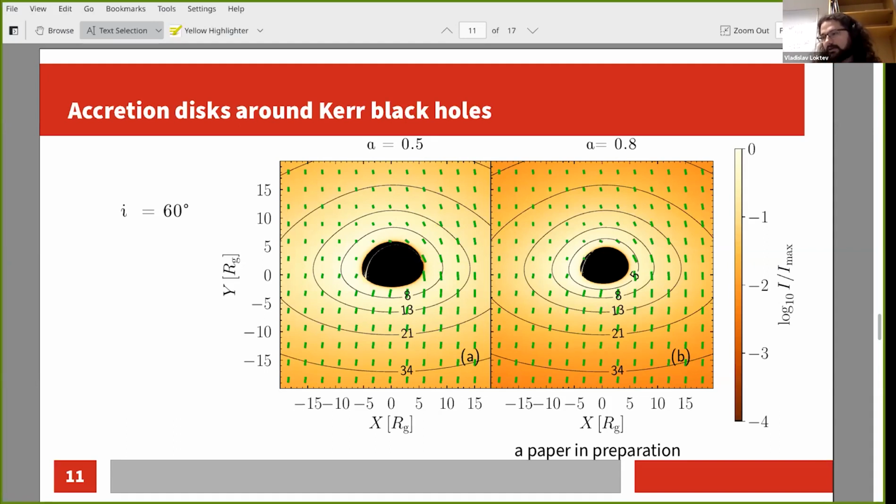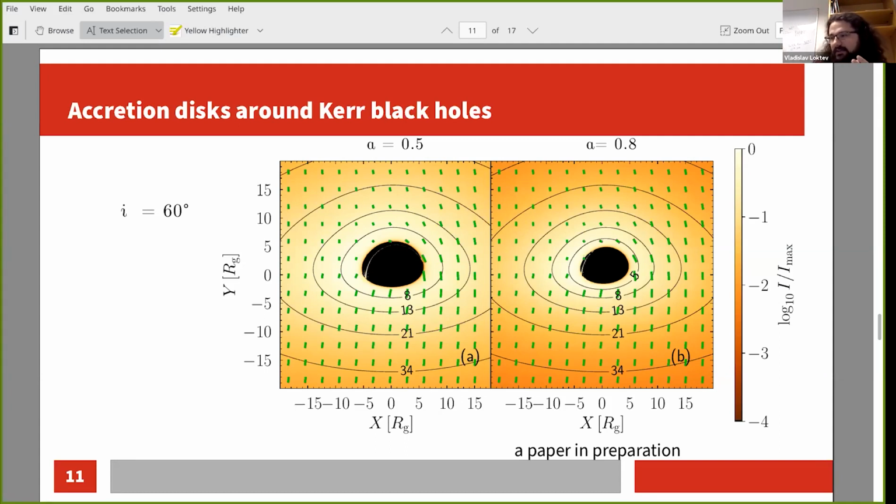And here are shown the inner regions of a standard accretion disk, as would be apparent on the image plane. And the green sticks depict the degree of expected polarization, assuming an electron scattering atmosphere.